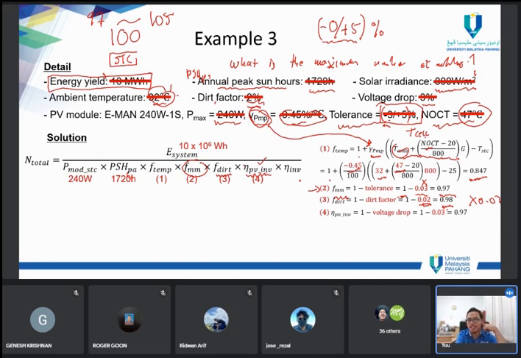And then inverter efficiency. What's the value of inverter efficiency?